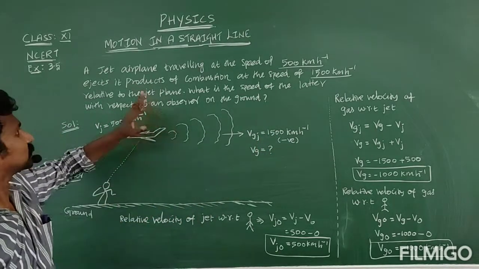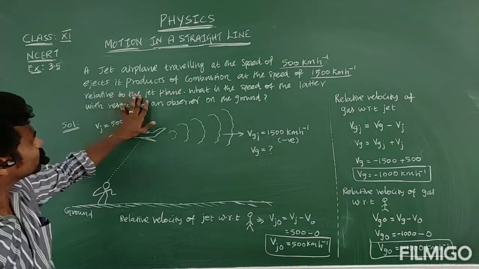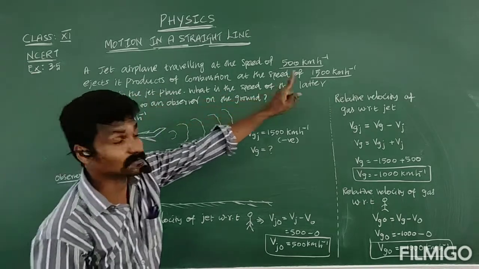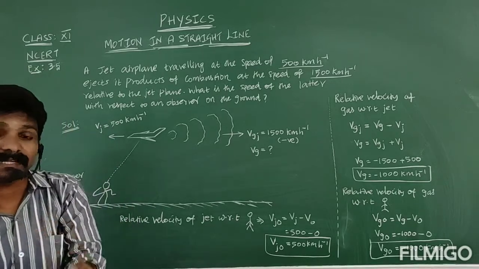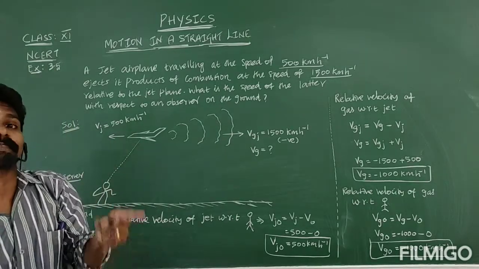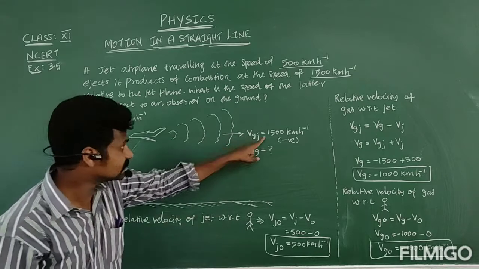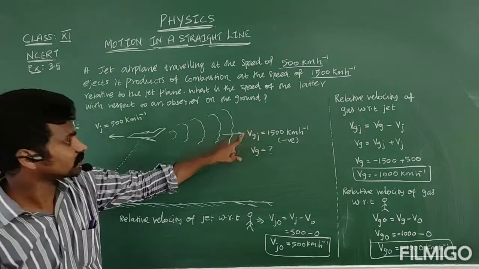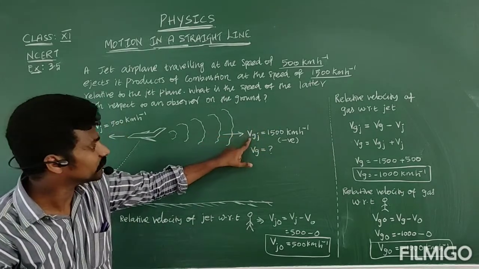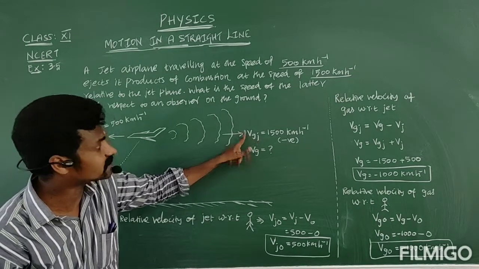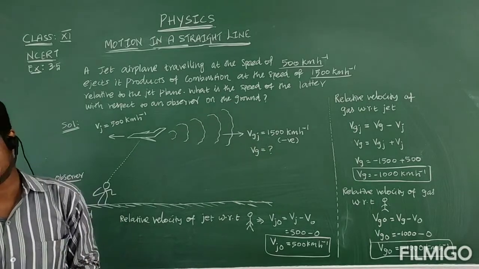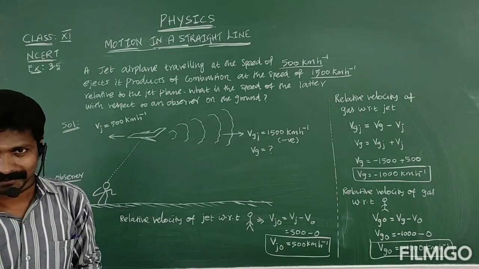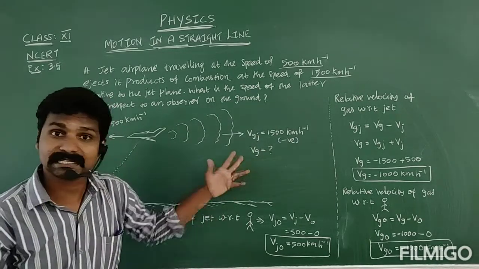Now what they are asking is relative to the jet plane. So that 1500 is not exactly the velocity of the gas. Relative to the jet plane, the velocity of the gas is 1500. For that I mentioned here V_GJ, that means the velocity of the gas with respect to the jet is 1500 km per hour. What is exactly the velocity of the gas?